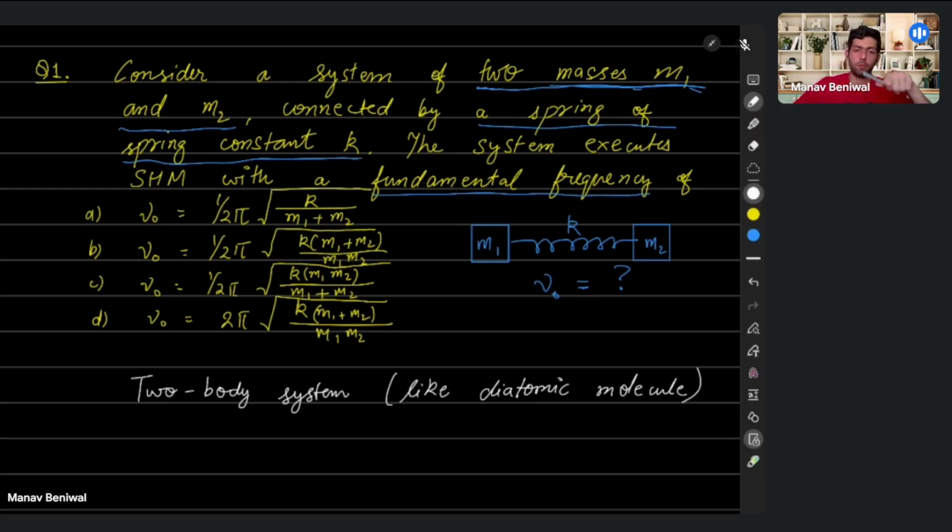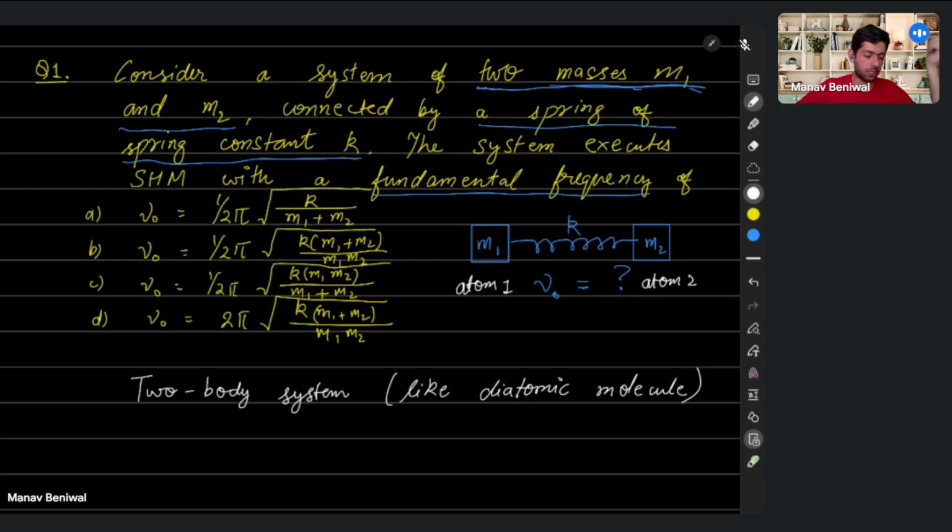You can think of mass m1 as, let's say, atom 1, and mass m2 as atom 2. If they are different, for example, this can be a molecule of hydrochloric acid. So your m1 will be the mass of hydrogen, and your m2 will be the mass of chlorine.